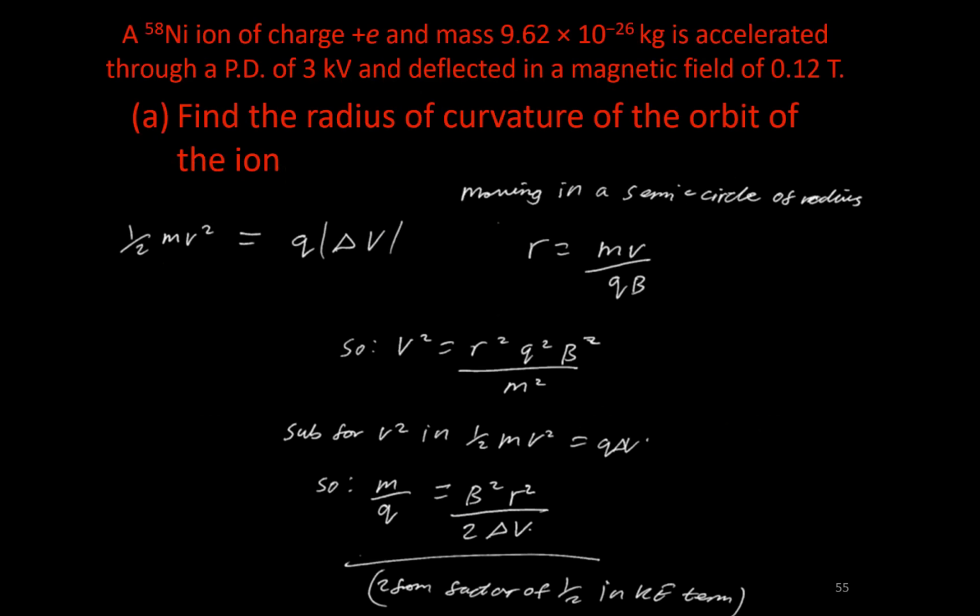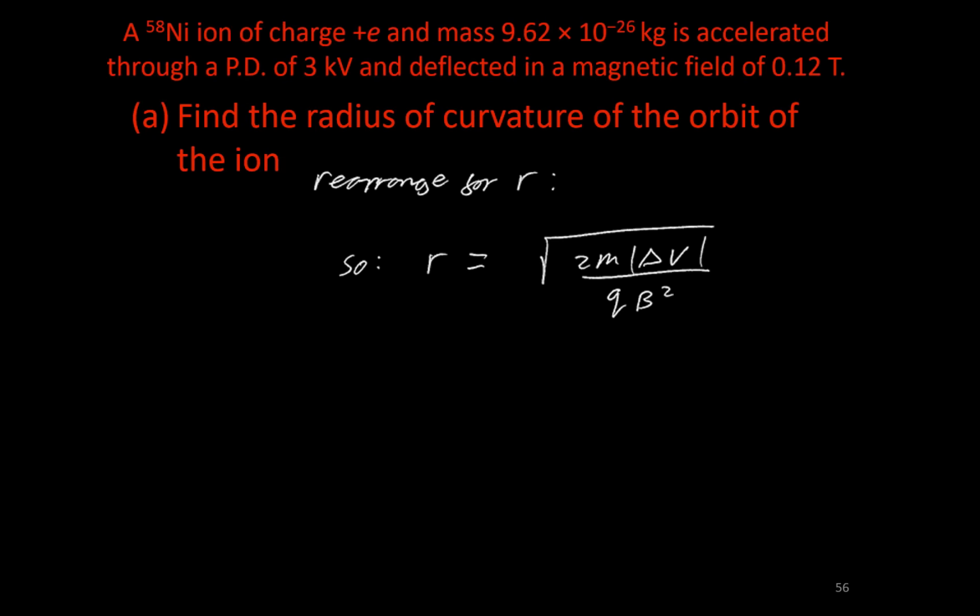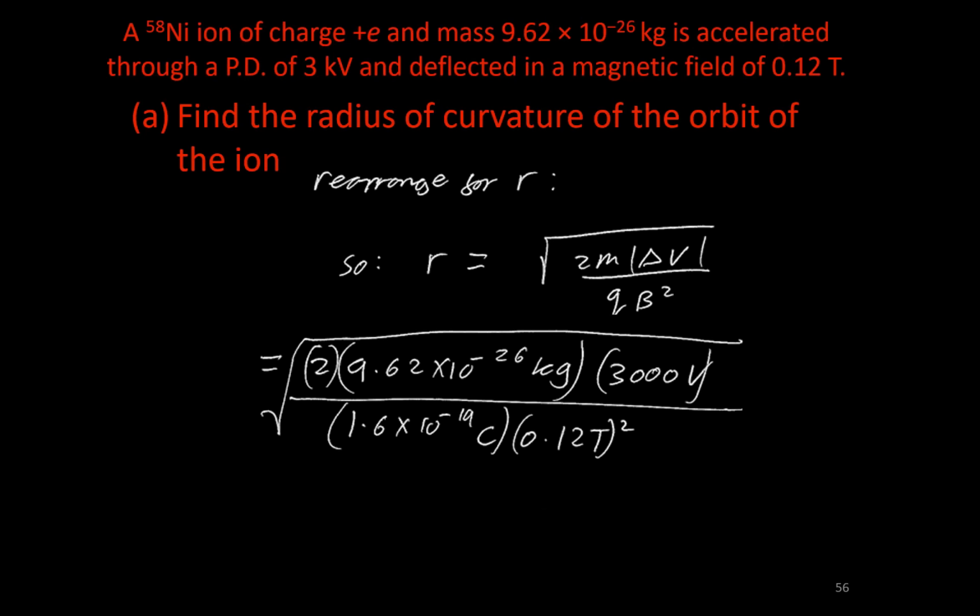So, m over q becomes B squared r squared over 2 delta V. So, r essentially becomes the square root of 2m delta V over qB squared, giving us 0.5 meters. So, the radius of curvature of a nickel-58 ion is 0.5 meters. Don't worry, if this appears on an exam, it would only be in a bonus sense.